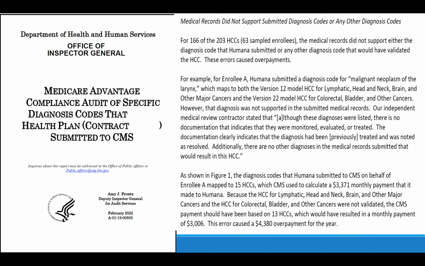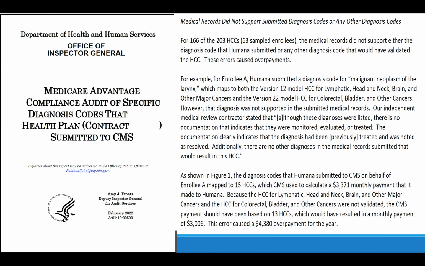RADV audits are often years after the encounter, for a number of different reasons, and I'm not going to spend all the time to explain that here. But here, this maps to both version 12 and version 22. However, that diagnosis was not supported in the submitted medical records. And that statement right there is why we do chart review.